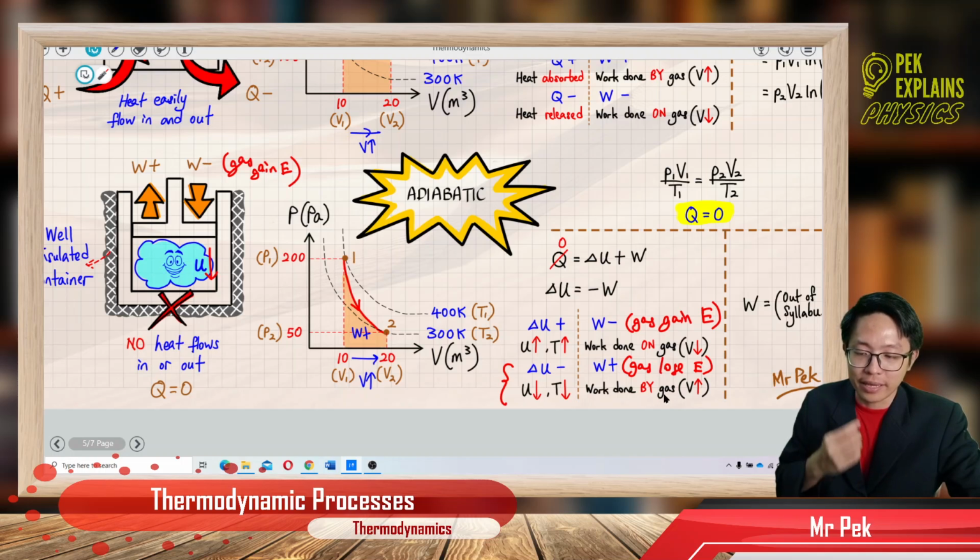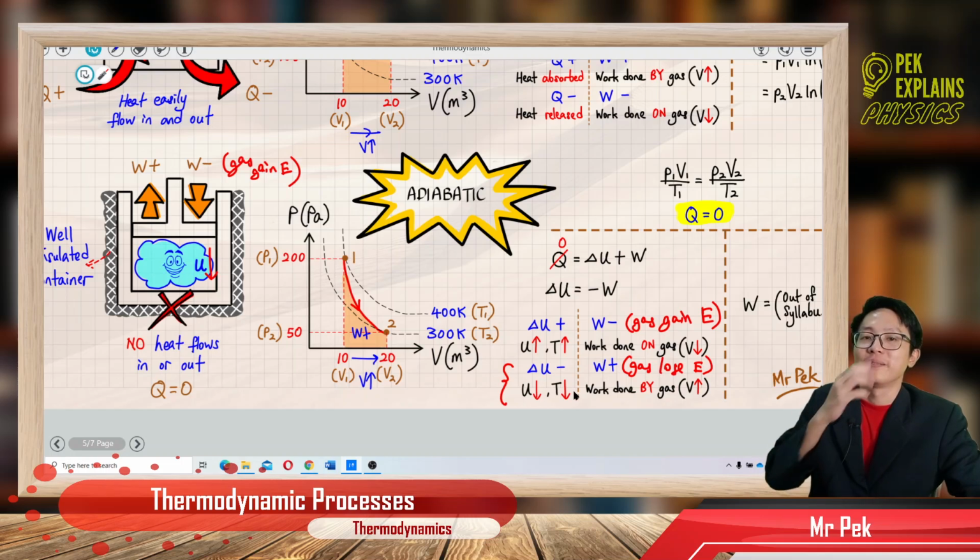Why? It means that the gas is actually using up its own internal energy to do the work. So the internal energy will decrease. And when internal energy decreases, the temperature decreases.